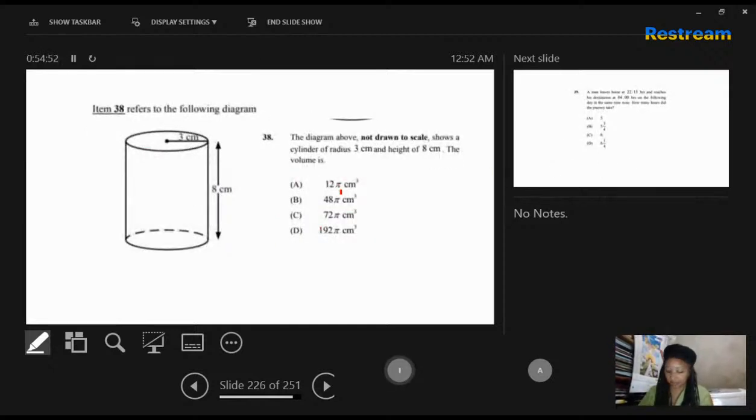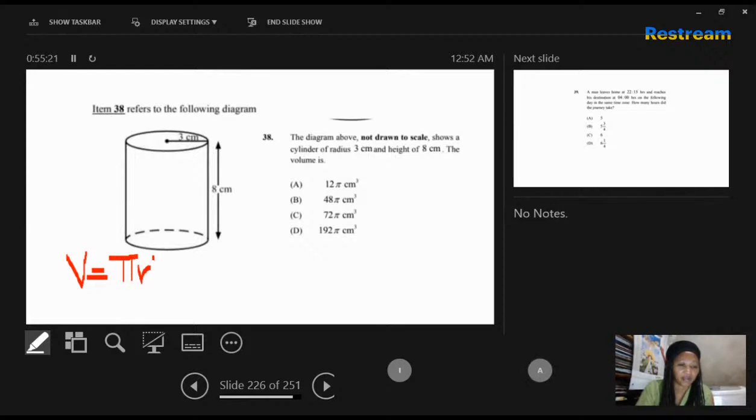Okay, Asar. Item 38 refers to the following diagram. The diagram above, not drawn to scale, shows a cylinder of radius 3 centimeters and height of 8 centimeters. The volume is... So the volume of a cylinder is pi r squared times height.